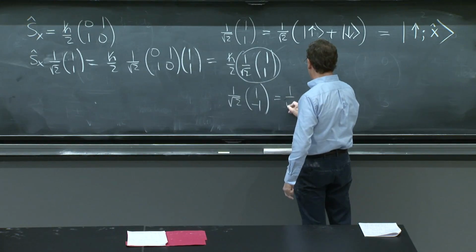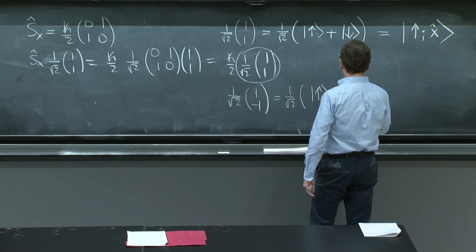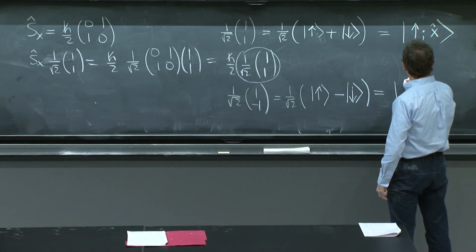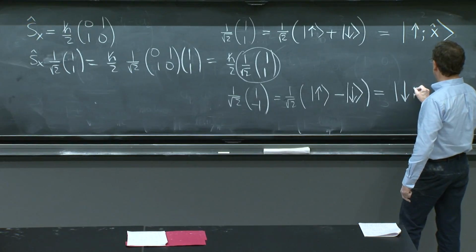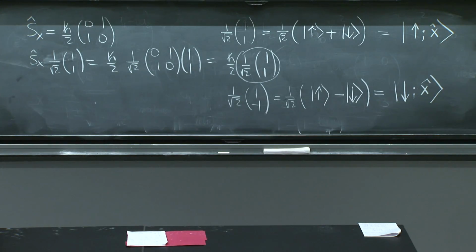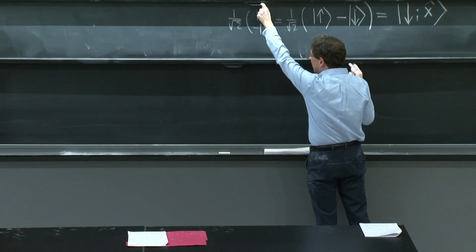So this is 1 over square root of 2 up minus down. That is the down spin along x. So the up and down spins along x come out like that. We form the linear combinations.